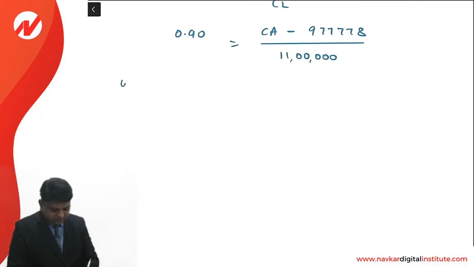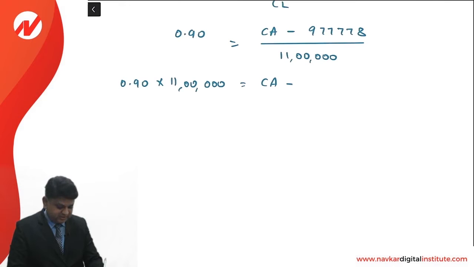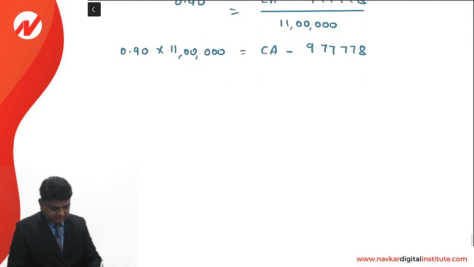So 0.90 into 11 lakhs is equal to current assets minus 9,77,778.